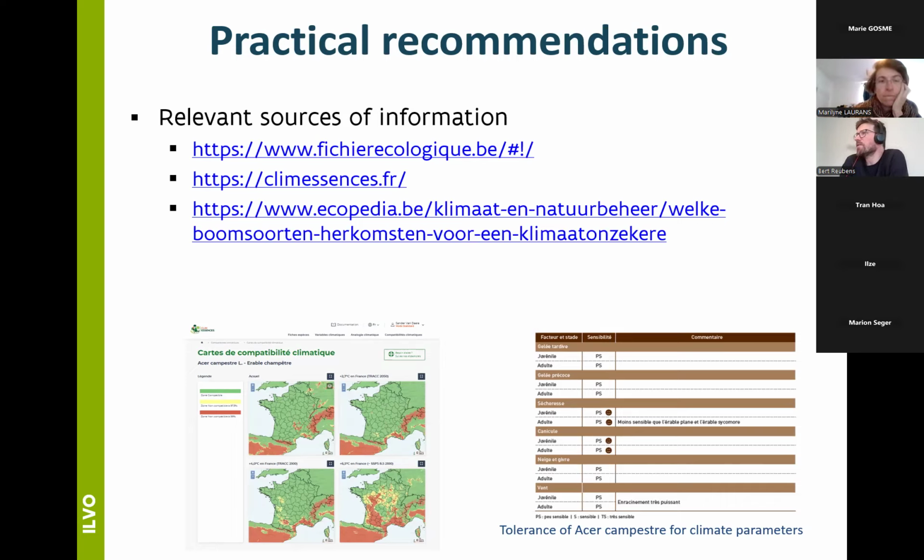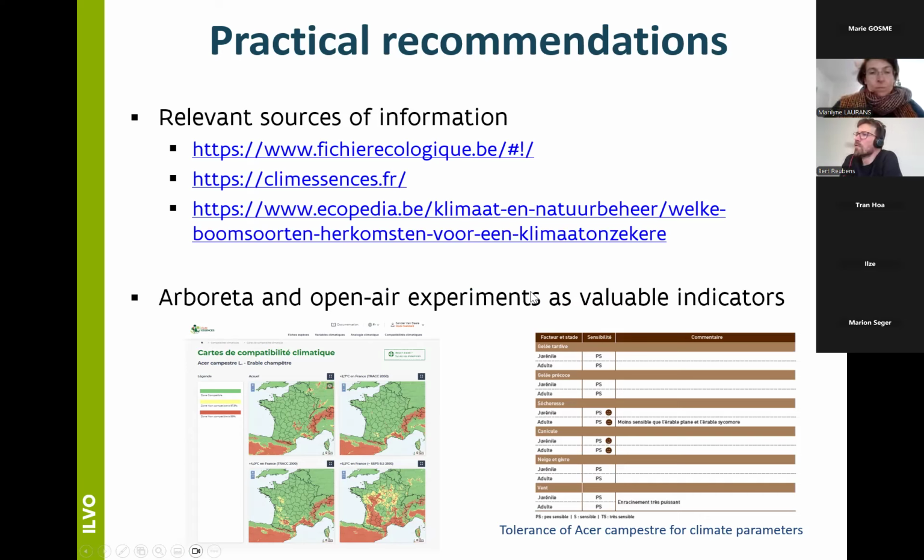Climessence, a French source of information, which is also very interesting. Ecopedia in Belgium, and of course there are many more. What can also be interesting is to look at tree performance in arboreta or open air experiments, as they might be valuable indicators of how things are evolving and what fits a certain situation.